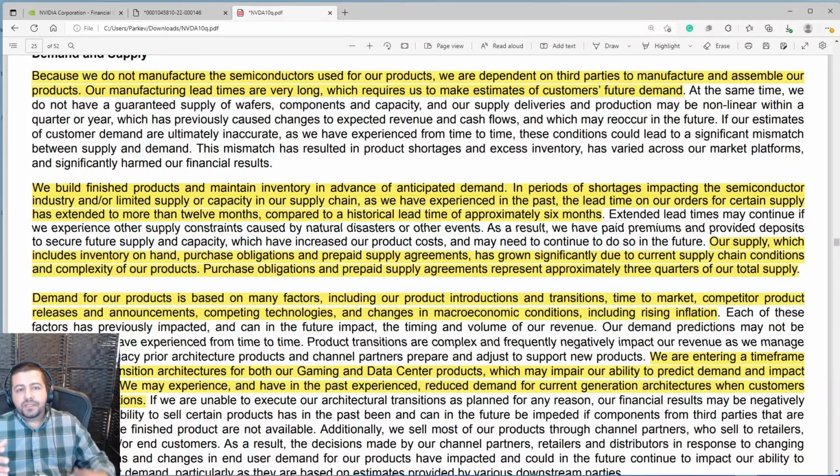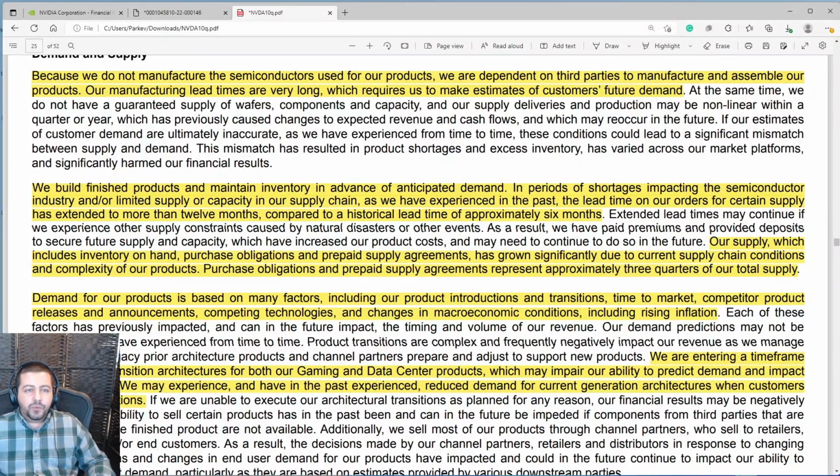In other words, we've all heard of supply chain shortages resulting from the outbreak of the pandemic, and that has caused Nvidia's lead times to be longer than historically. It used to be that they needed to make orders 6 months ahead. Now they need to make orders more than 12 months ahead of time. So that's increased their risk of not matching supply and demand.